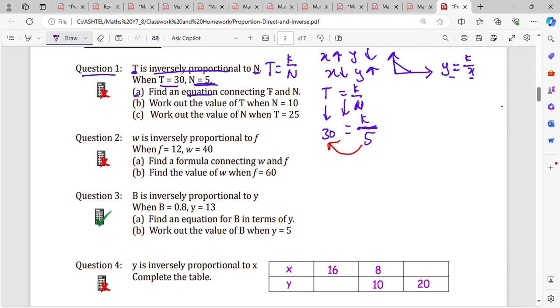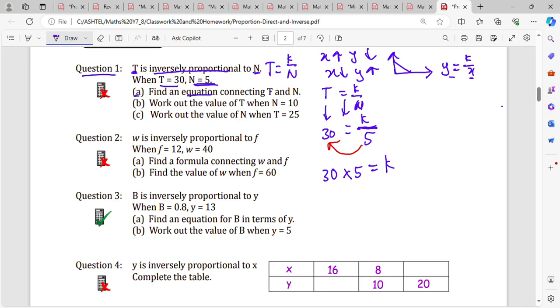So you rewrite this whole thing, the number is 30, so you put times 5. Instead of division, it will turn into multiplication. And then you put equals, then you write k, because just k only is left. The 5, you already moved to the other side.